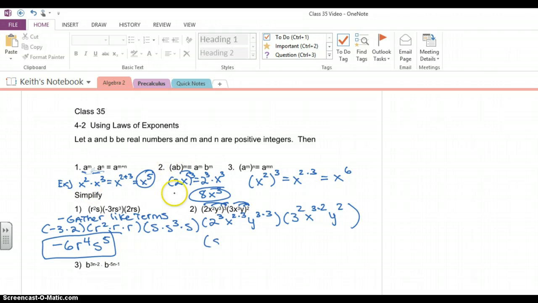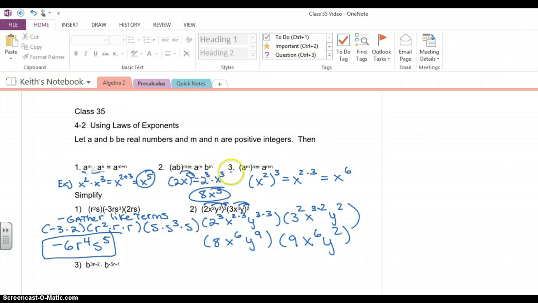Well, 2 to the third is 8. Here you're going to multiply, so 2 times 3 is 6, 3 times 3 is 9, 3 squared is 9, 3 times 2 is 6, and y squared.